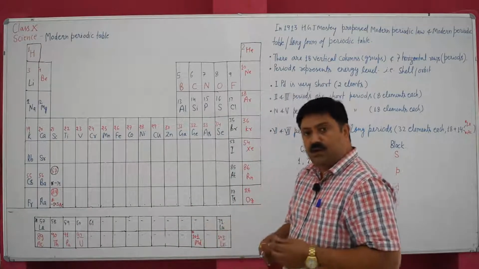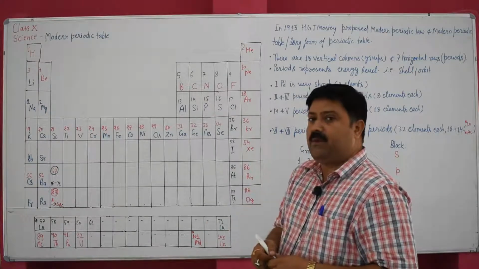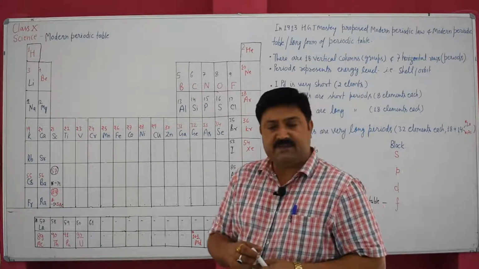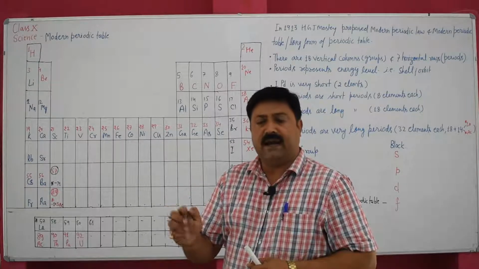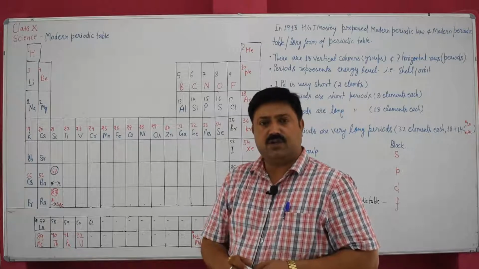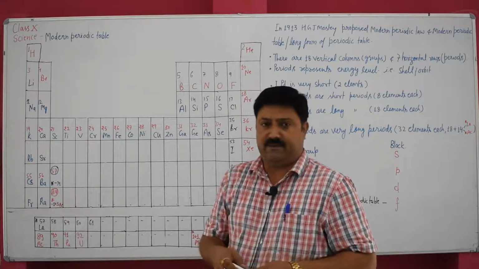Students, you all know that at the time of Mendeleev, subatomic particles were not known. Subatomic particles means electron, proton, neutron, and there are many others, like neutrino, but they were not known in Mendeleev's time.